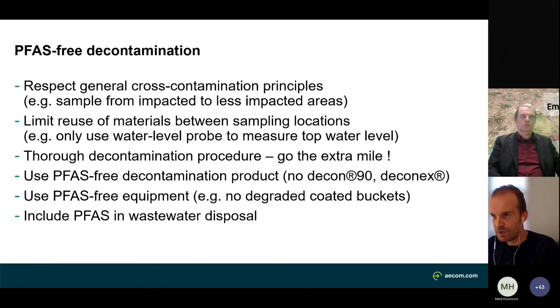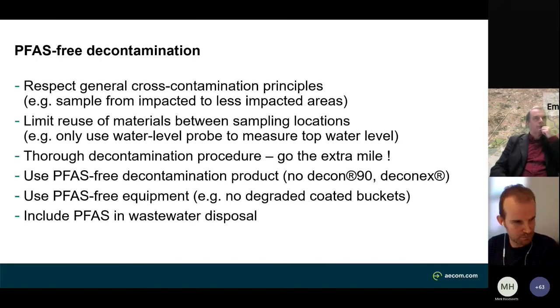The only real thing to reuse in the different monitoring wells is a water level probe or an interface probe. And all people that have been on site and have taken groundwater samples know that it's not always easy to properly decontaminate your water level probe, because normally you measure your groundwater level, but also the maximum depth of your monitoring well.